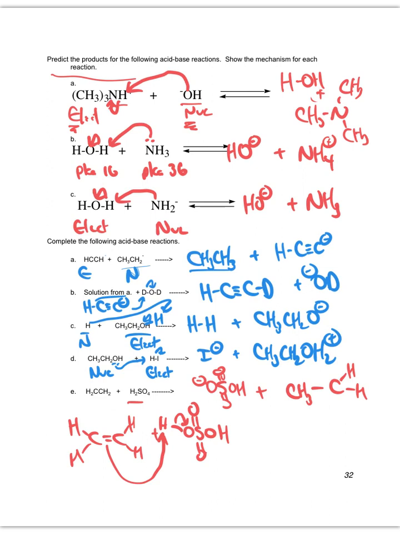We put an H plus on it, so overall it has to have a plus charge on it. Overall, the ethylene and the sulfuric acid were neutral that we started with, so in the end they have to sum to neutral. Since we had the bisulfate negative charge, we have to have something with a positive charge to balance it out.